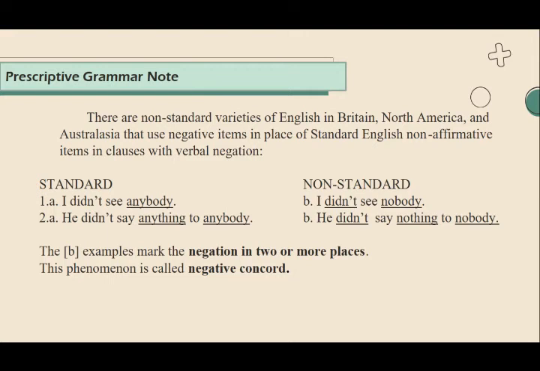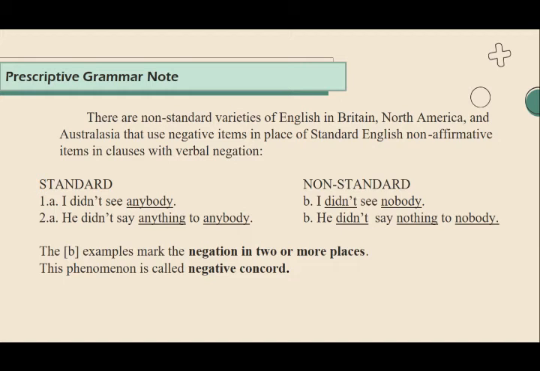Then we talk about prescriptive grammar notes: there are non-standard varieties of English in Britain, North America, and Australasia that use negative items in place of standard English non-affirmative items in clauses with verbal negation. For example, in standard English, I didn't see anybody. In non-standard, I didn't see nobody.